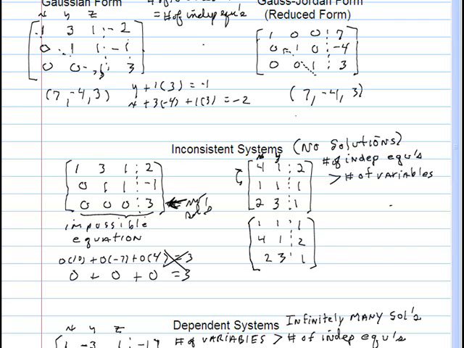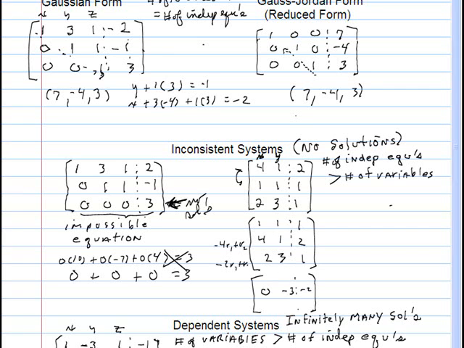And now let's start making zeros. I'll do -4 row 1 plus row 2 into row 2 and -2 row 1 plus row 3 into row 3, and here will be the results. In row 2, -4 row 1 puts a -4 plus 4 here. -4 plus 1 is -3 here. -4 plus 2 is -2 here.